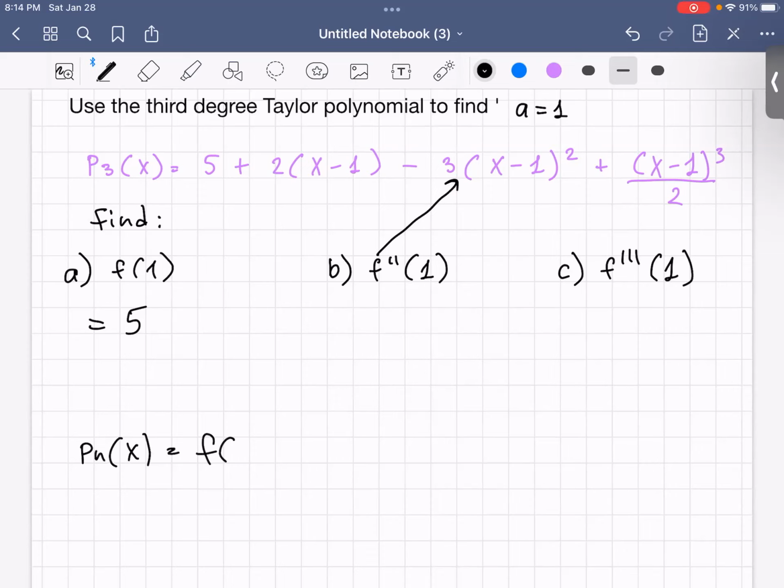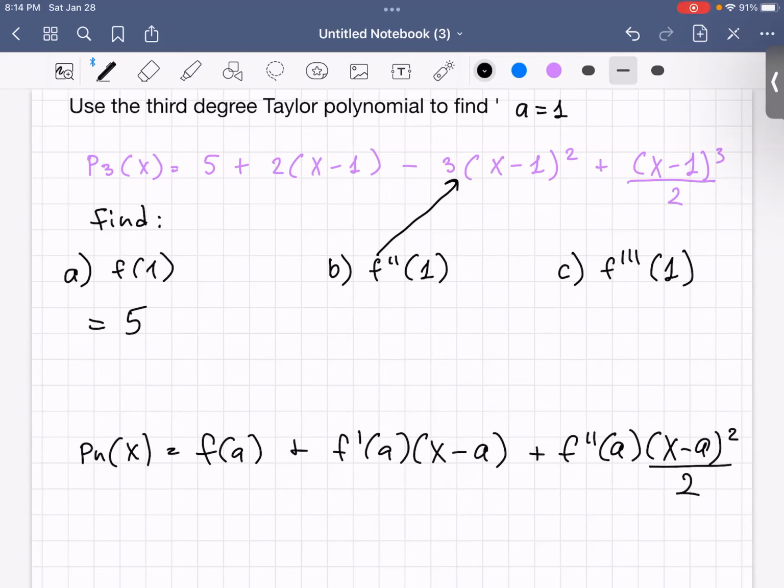The formula is like this: f of a plus f derivative of a times x minus a plus f second derivative of a times x minus a squared over 2 plus f third derivative of a times x minus a cubed over 3 times 2. Right, so this is actually not 3, because the formula had 2 right here, right? So the situation is like this.